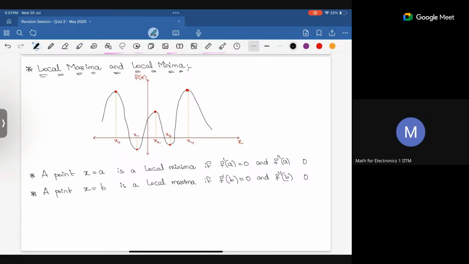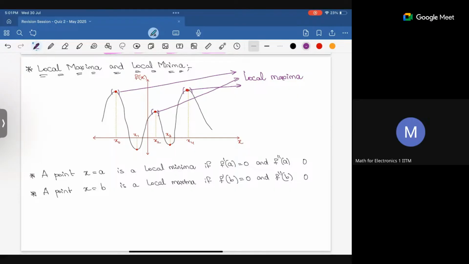So in this example, these three points are called local maxima, because locally, to the left and to the right of every point, that point attains the maximum value. If you move left or right, the function value will decrease.